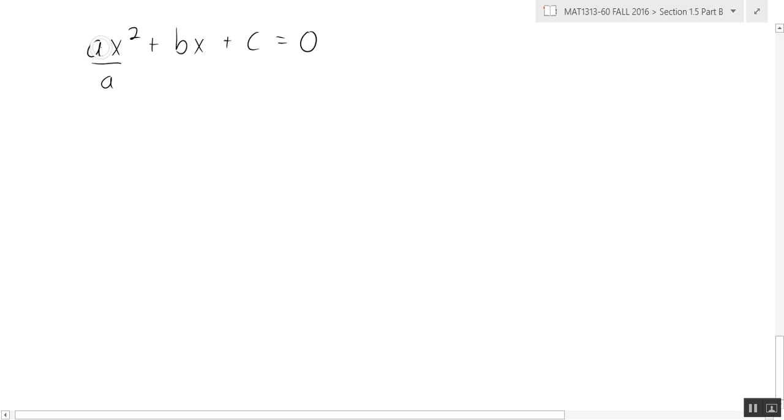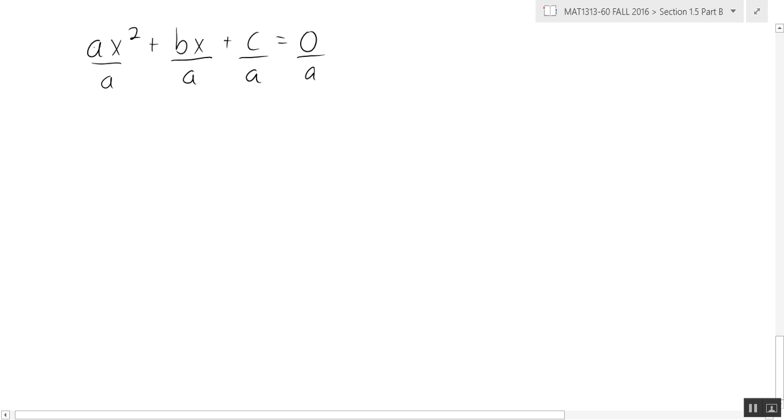If you divide the first term by a, then you have to divide the second term by a, the third term by a, and the other side of the equation by a as well. Now 0 divided by a is still 0, so that's not going to change anything.